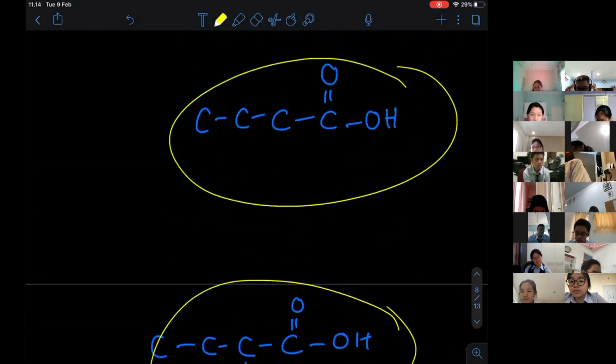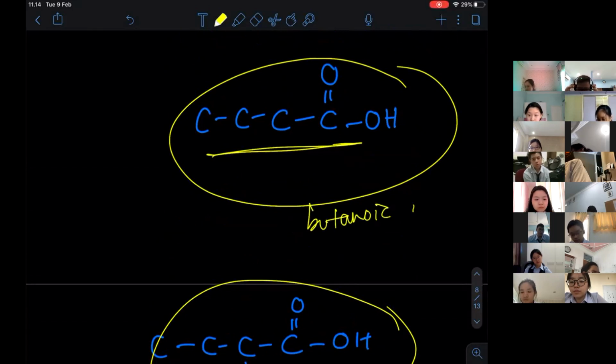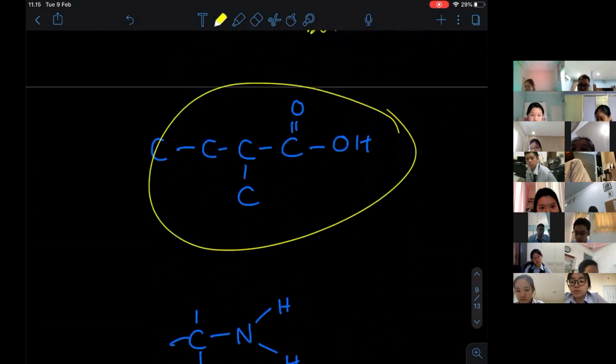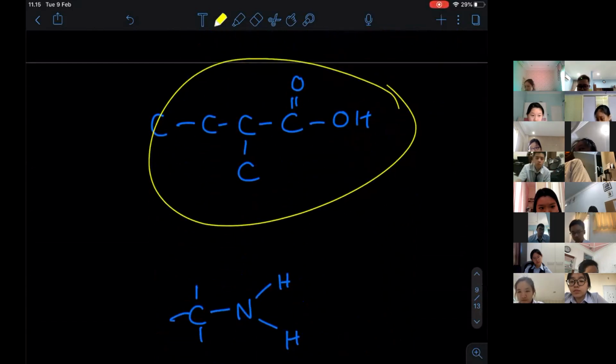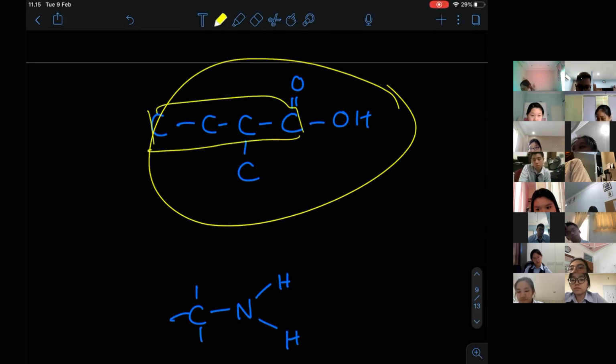Basically this is going to be a carboxylic acid group. So this one is a straight 4, so it's going to be known as butanoic acid. No need to give a number because that is automatically carbon number 1. If you look over here, now you need to give numbering. Why? Because it's butanoic acid, but this is automatically 1.